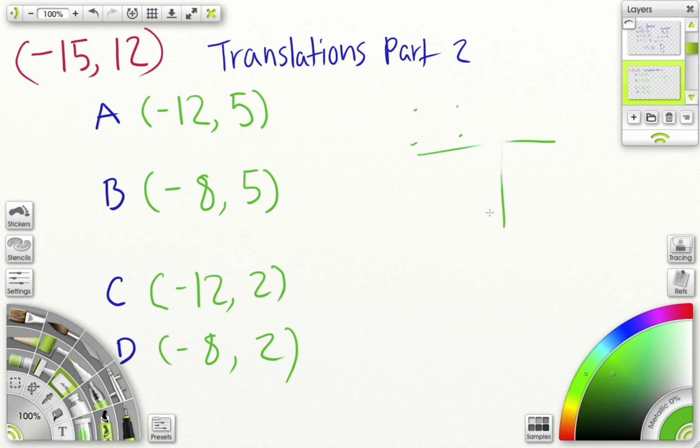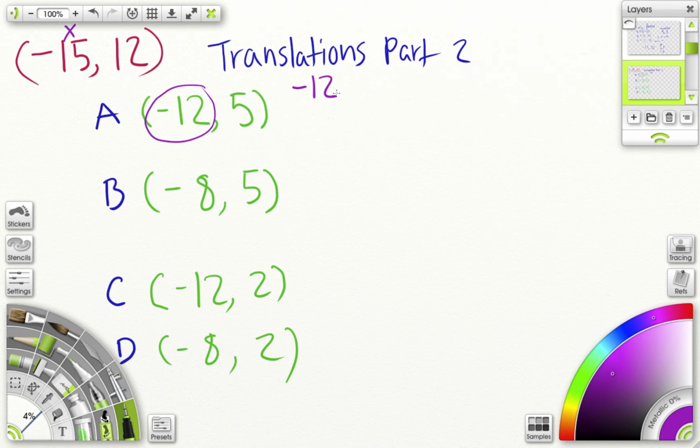However, this time around, this is where we don't have to worry about plotting the shape or manually counting out the squares. We're just going to do it mathematically. The way to do it mathematically is basically you have your x coordinate, you add your x translation. So if I have negative 12, I'm adding my x translation. In this case, my x translation is negative 15.